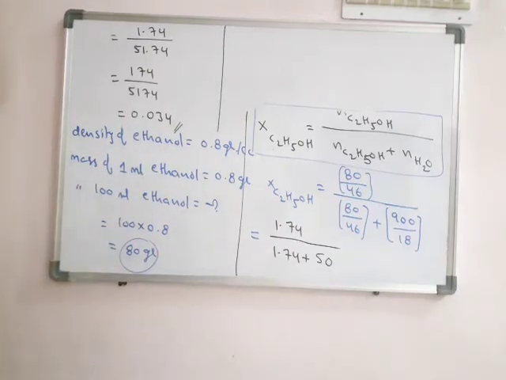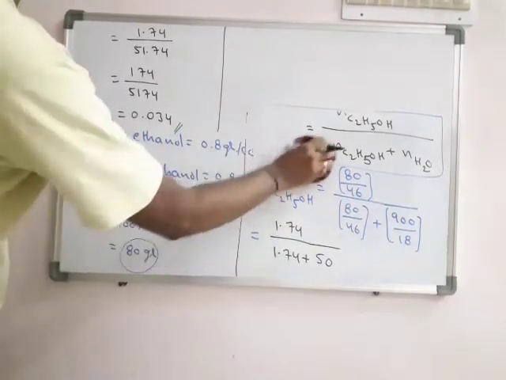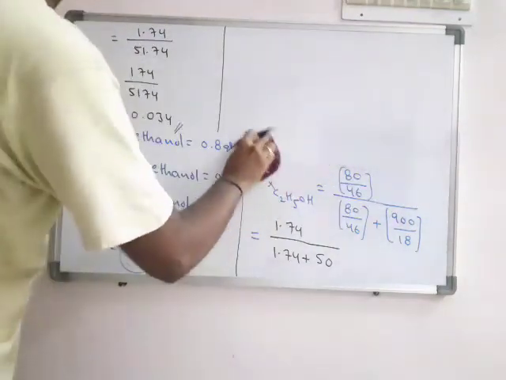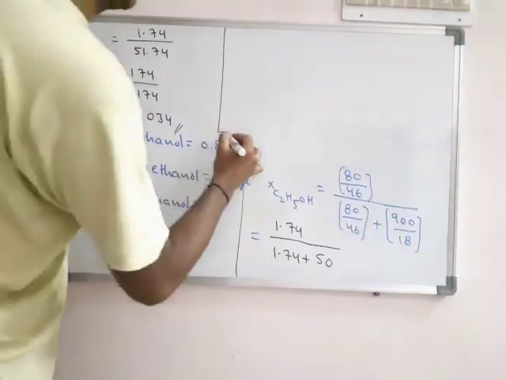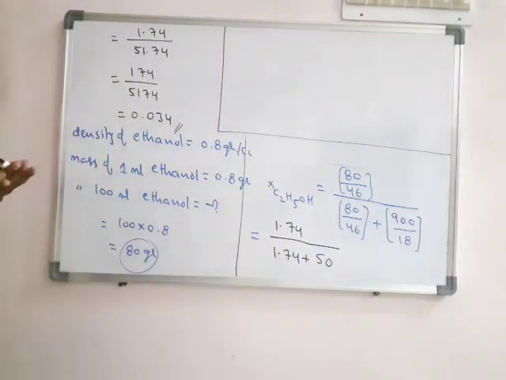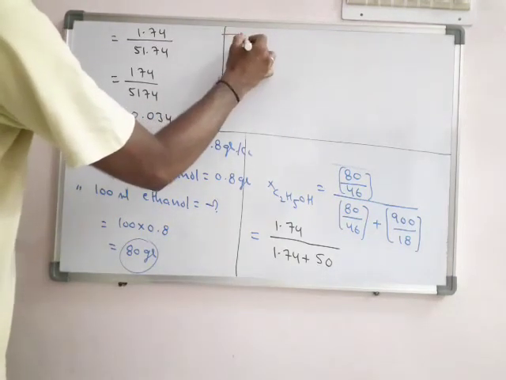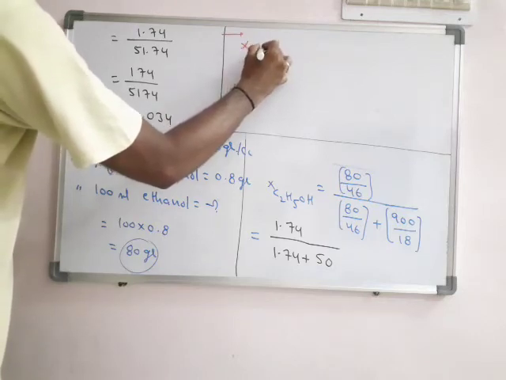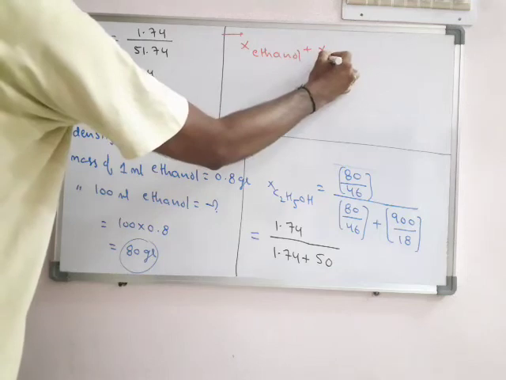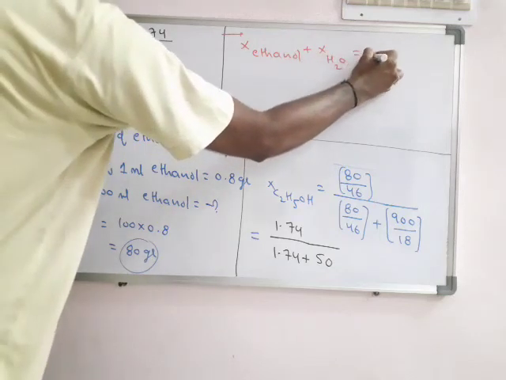Next one, find out the mole fraction of water. There are only two components. First component we find, so automatically we will calculate the second component. The mole fraction of ethanol plus mole fraction of water is equal to 1.